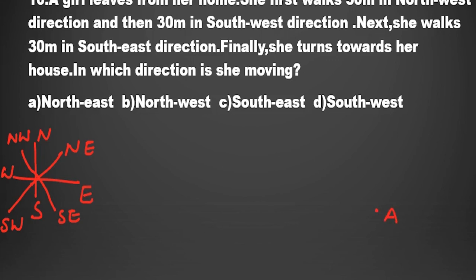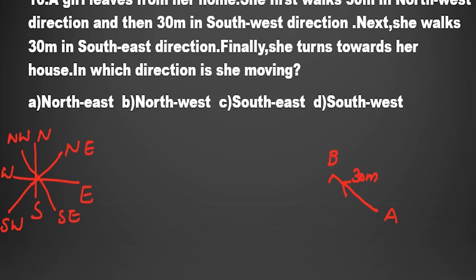Let the initial point be A. She first walks 30 meters in the northwest direction up to B, and then 30 meters in the southwest direction.